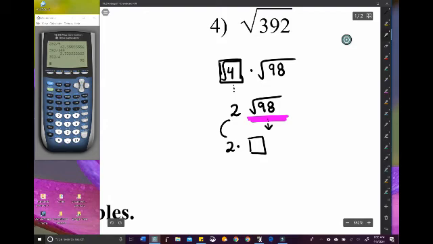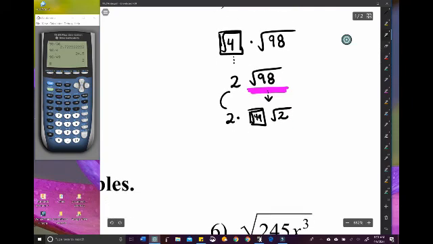So now let's consider 98, and let's divide it by a few of our perfect squares. Okay, 36. Let's try 4 again. Nope. Okay, and 49 and 2, I notice, are the next pair. So square root of 49 and square root of 2.